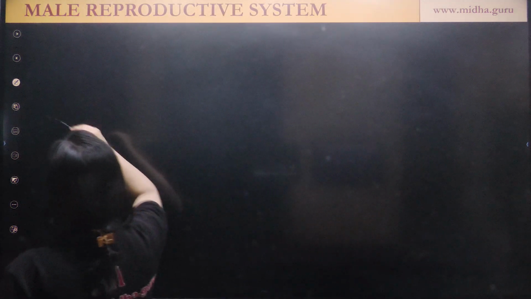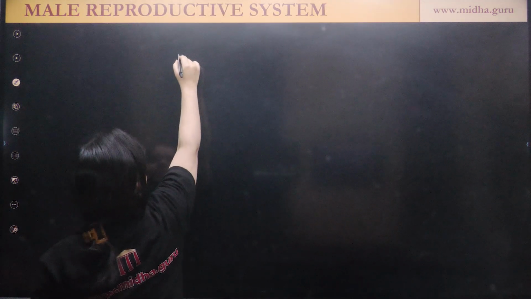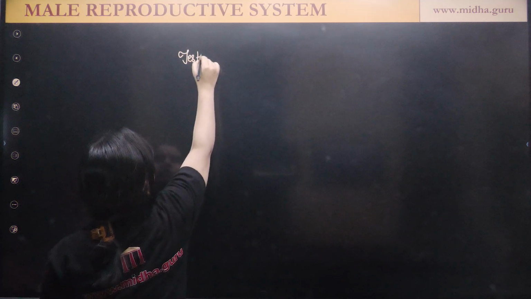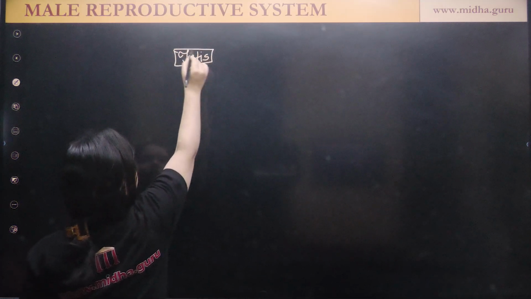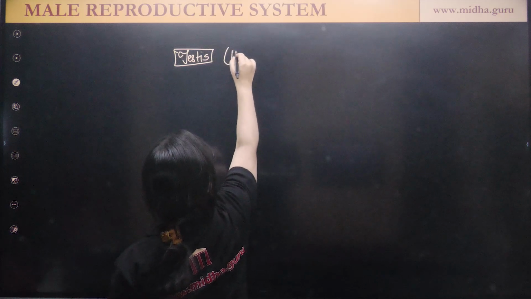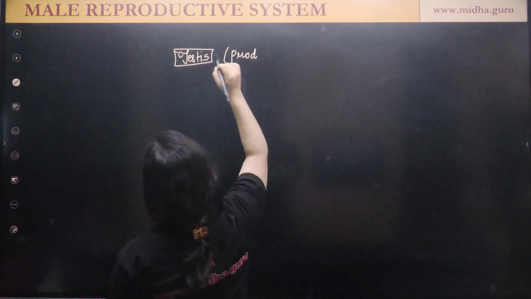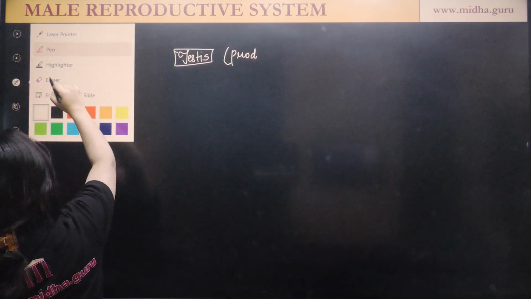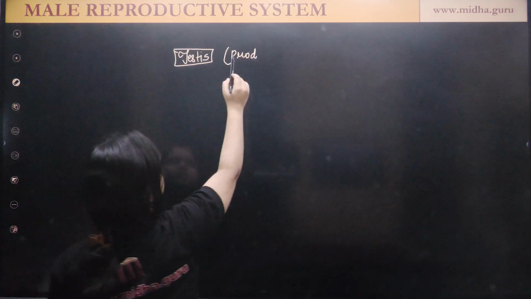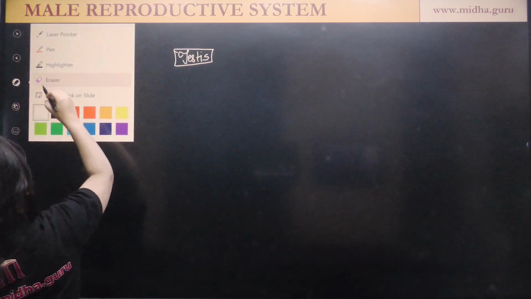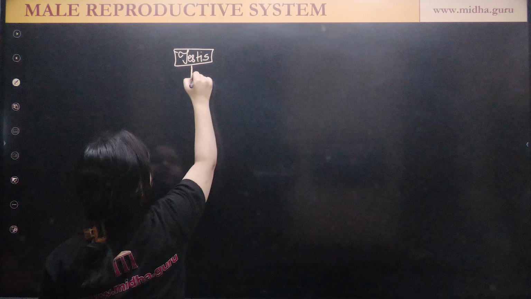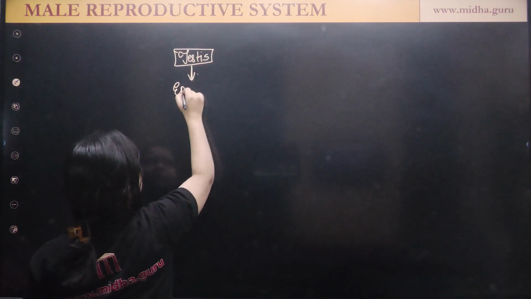Starting with testis. Let's write the parts first and then we can go with the functions. Testis. Next we have this epididymis.